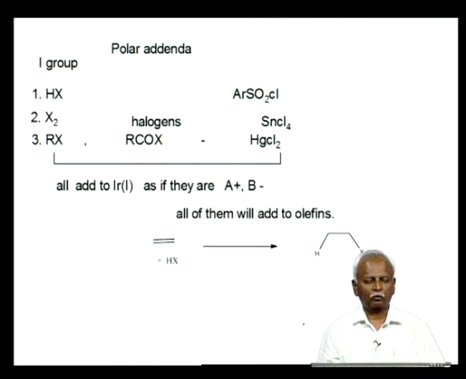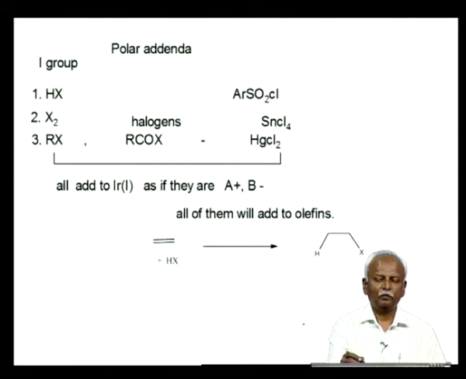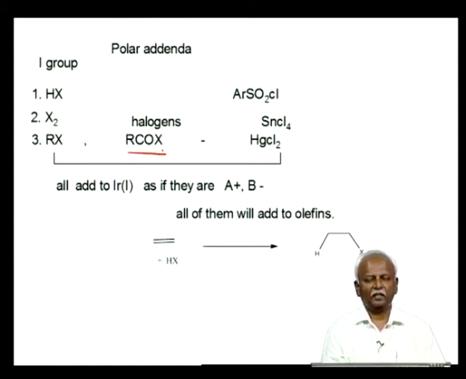That belongs to one group, and in the same group you can also add X2, which is just a simple halogen molecule, because they also behave in the same fashion, and I will explain to you why that is the case. We can have very highly polarized molecules like RSO2Cl, which are clearly RSO2 plus and Cl minus, and we can also have RCOX, which will polarize as RCO plus and X minus.